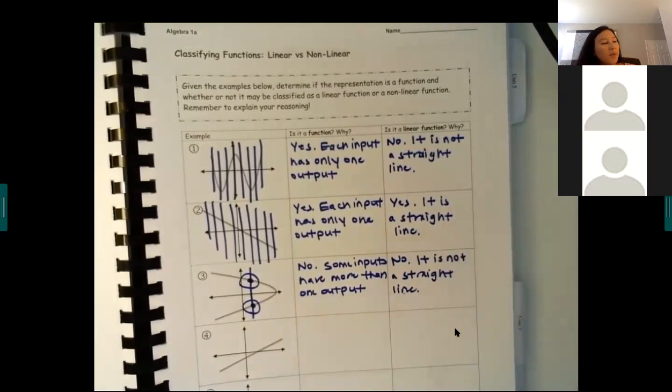Okay, Kaleni, what do you think for number 4? Is number 4 a function? No, it's not a function. Okay, why not? Because it has more outputs. So did you draw some vertical lines through it? Where did you see that it crossed more than once?